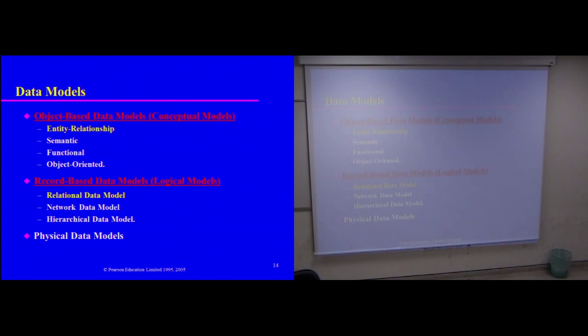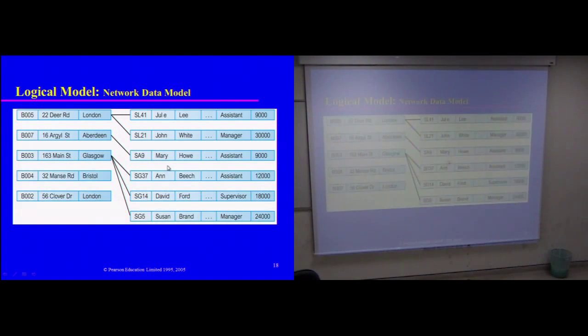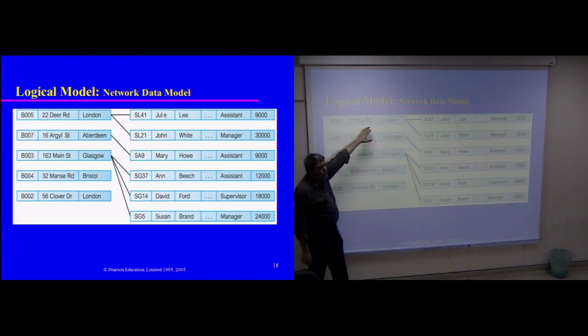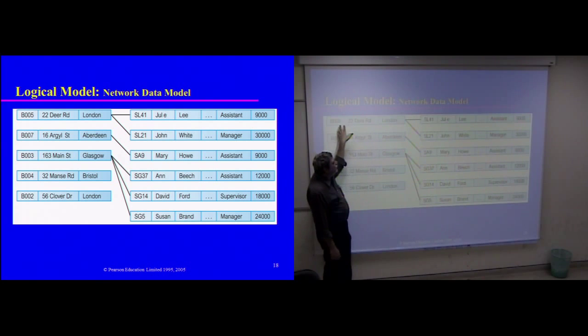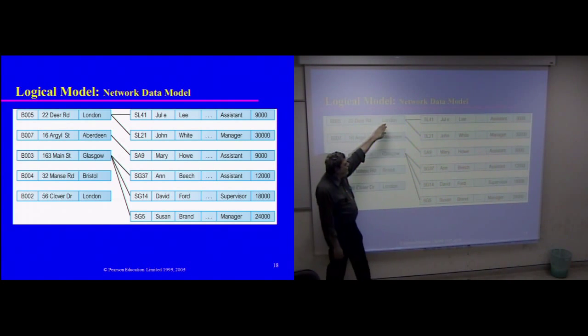To give an idea, for example, this is the network data model. In order to access, for example, the branch, you have to get the branch. This is how they are stored on the hard disk.